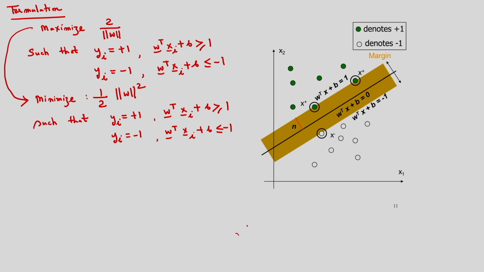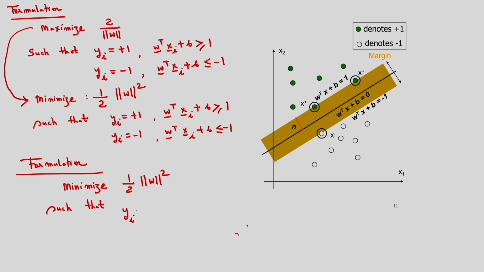So the final formulation is: minimize 1 by 2 W norm square, such that the condition is yi (W transpose xi plus B) greater than equal to 1.